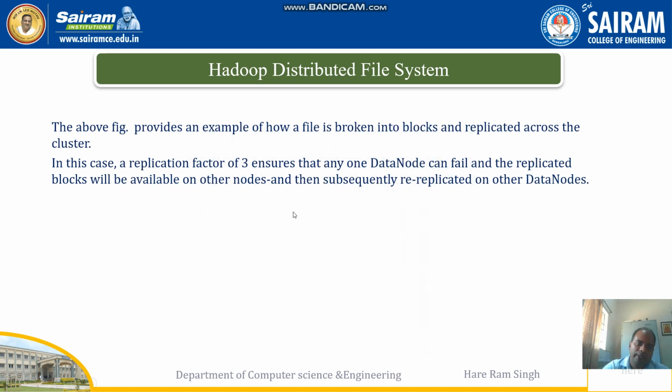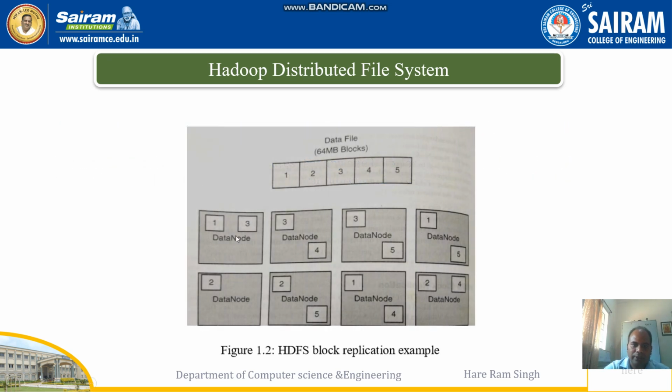The above figure provides an example of how a file is broken into blocks and replicated across the cluster. In this case, a replication factor of 3 ensures that any one data node can fail and the replicated blocks will be available on other nodes and then subsequently re-replicated on another data node. As I said, for every block, suppose data block 1, its replication factor is 3.